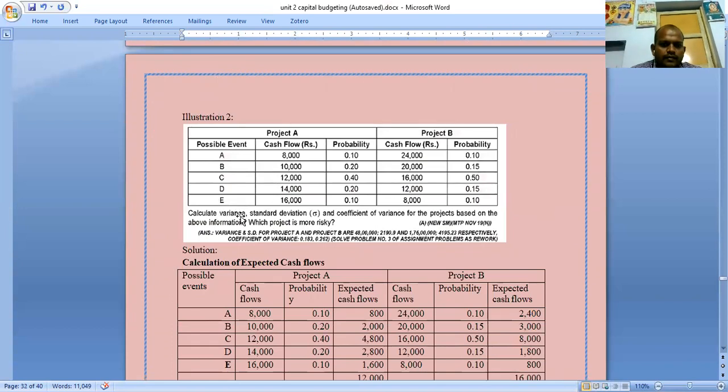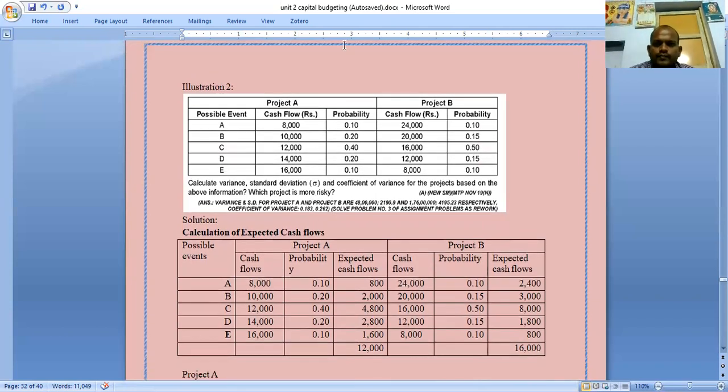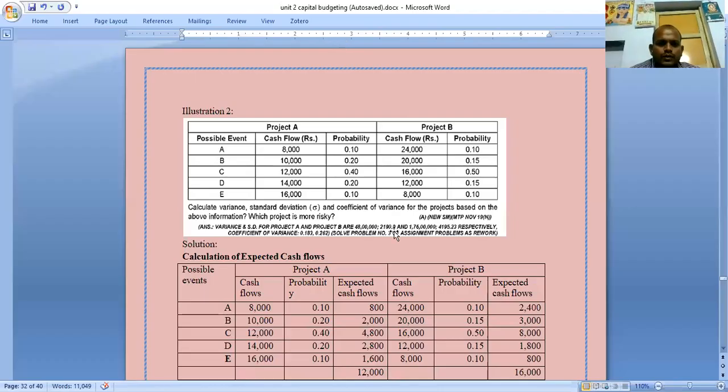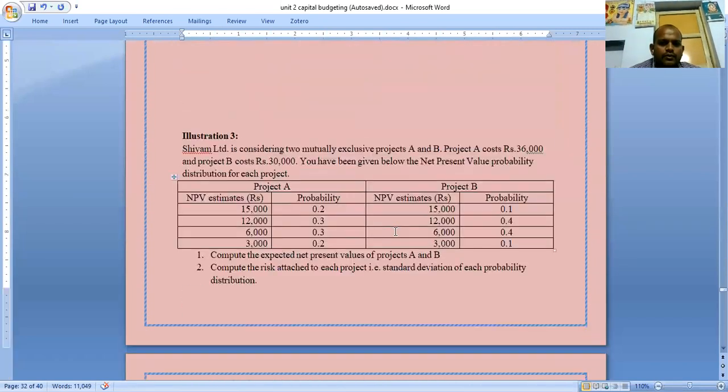So we calculated the variance and standard deviation for the projects based on the above information. Okay, now we have to calculate the coefficient of variation.